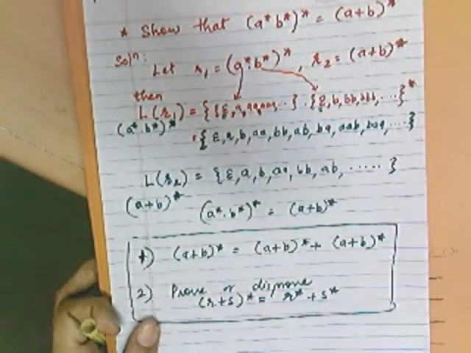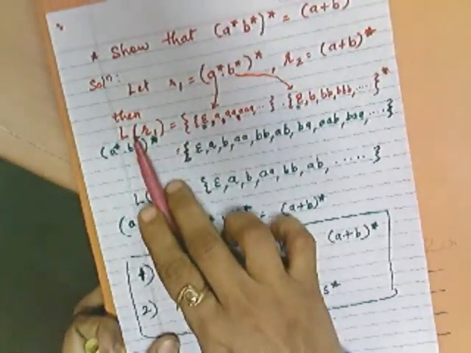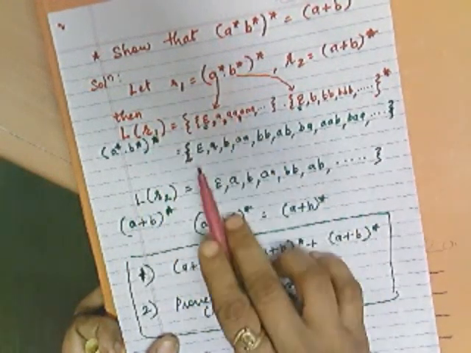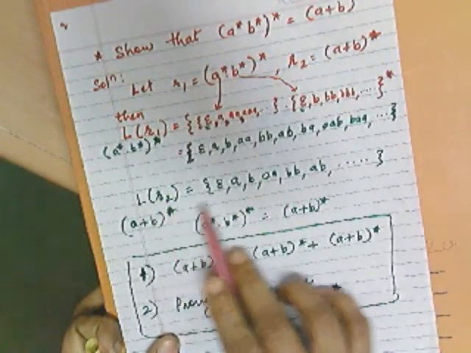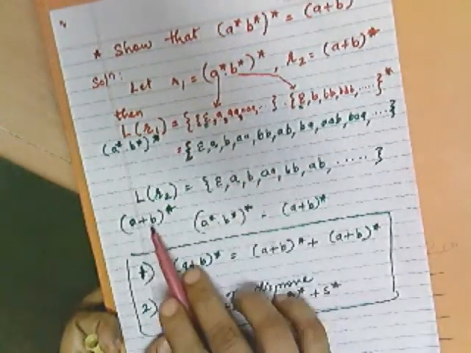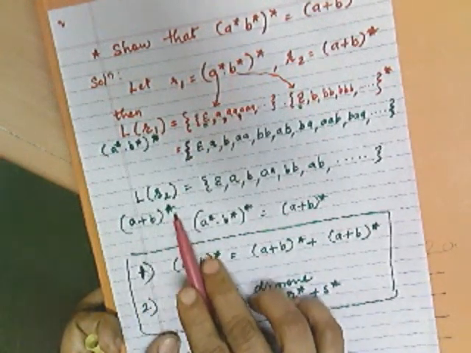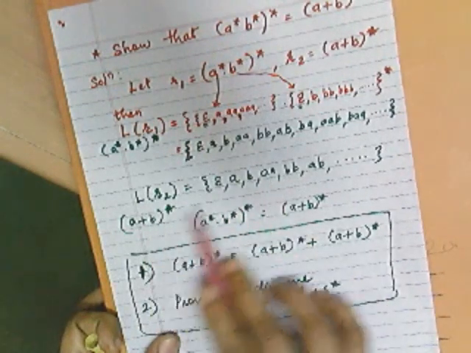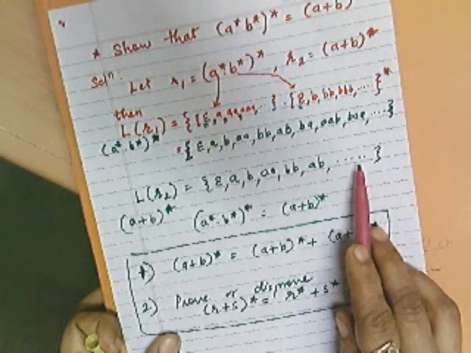So we were discussing this particular problem. What will be the language generated by the regular expression R1? We have already discussed. The language generated by R2, so what is our regular expression? (a + b)*. This means either a or b will come, and then any combination of a, b will be in this regular set.